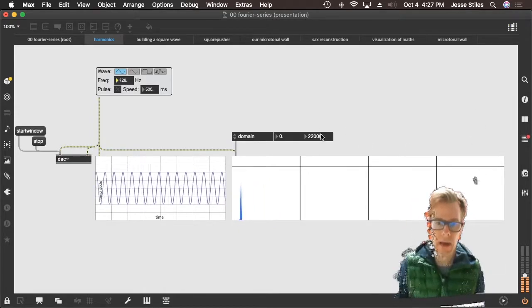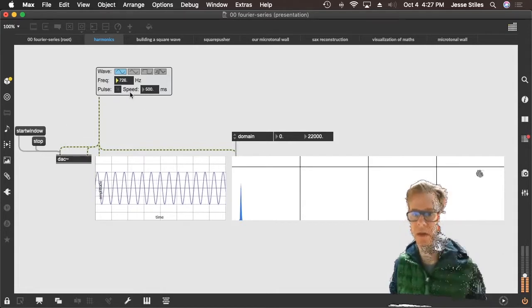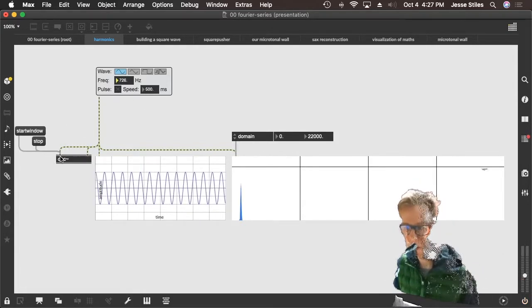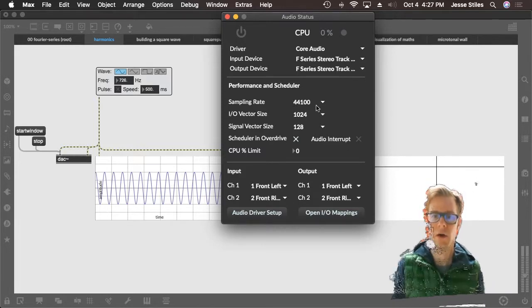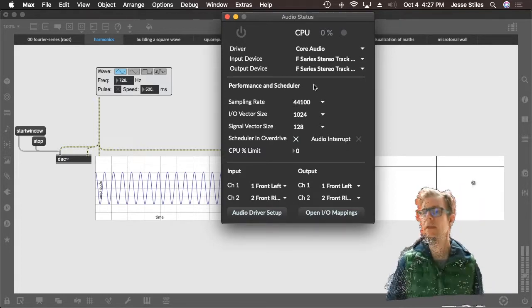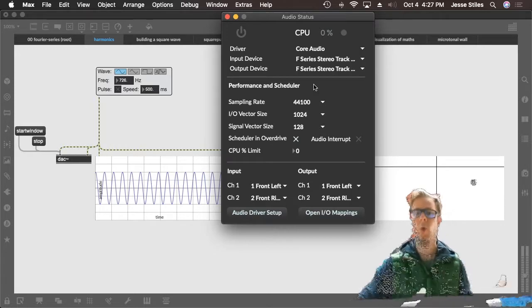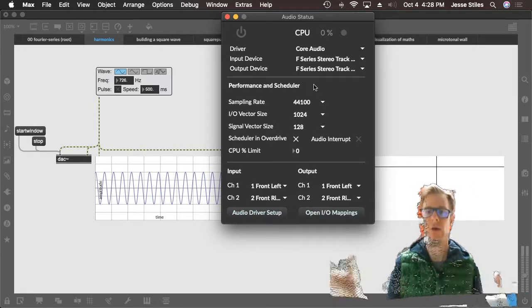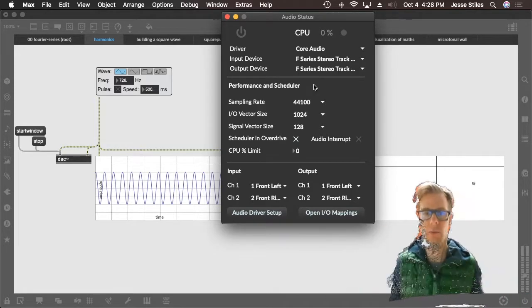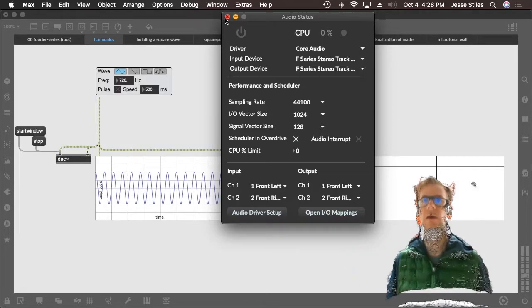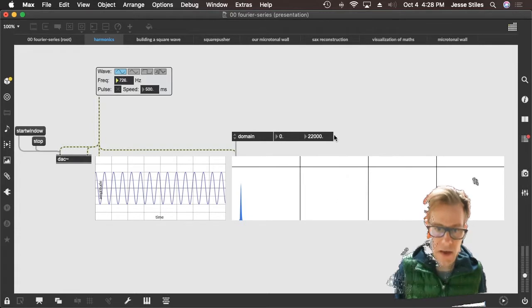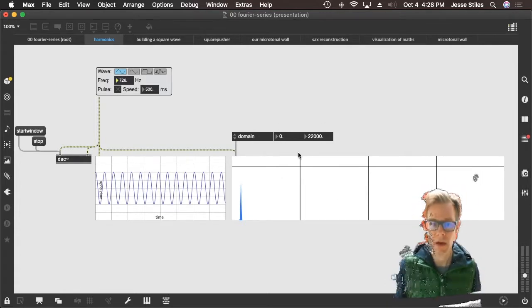Now, this domain is going to be determined, of course, by our sampling rate. So our sampling rate is 44,100. And that means we can represent signals up to 1/2 of this sampling rate accurately. So 1/2 of this would be 22,050 cycles per second. So a plot like this is going to make sense with this sampling rate.